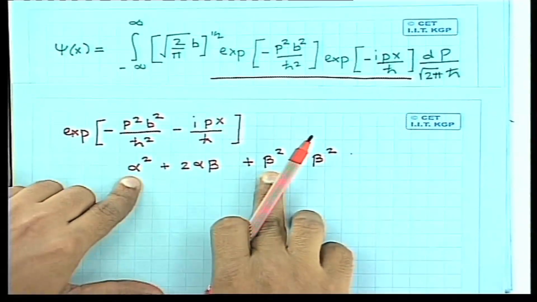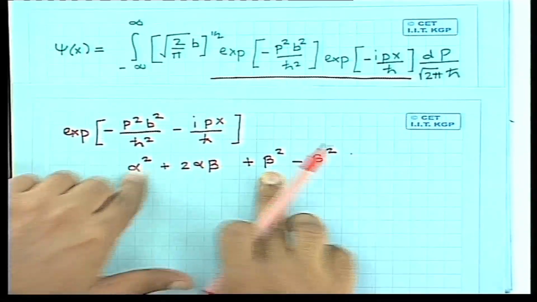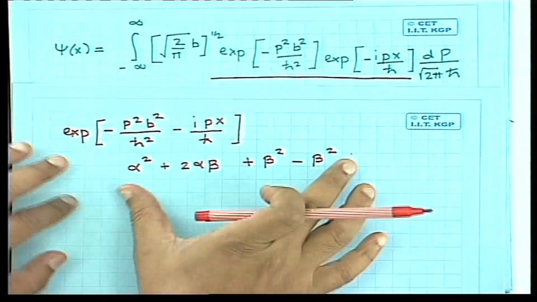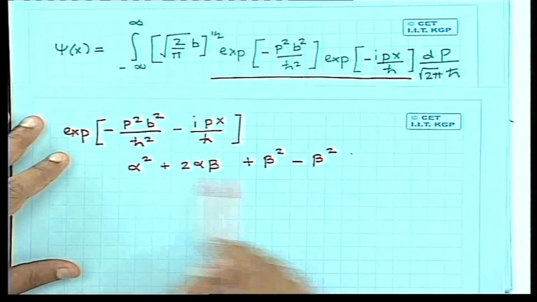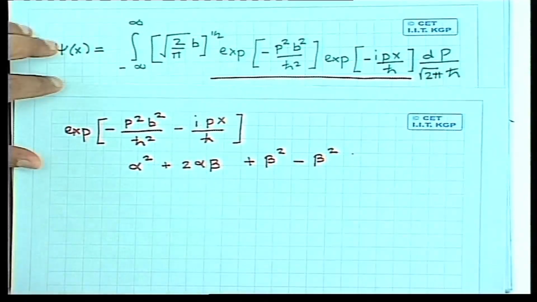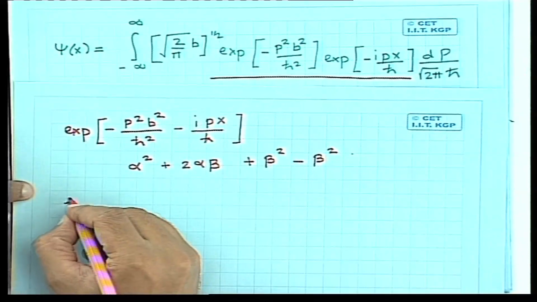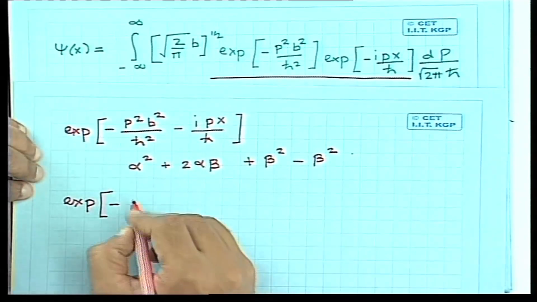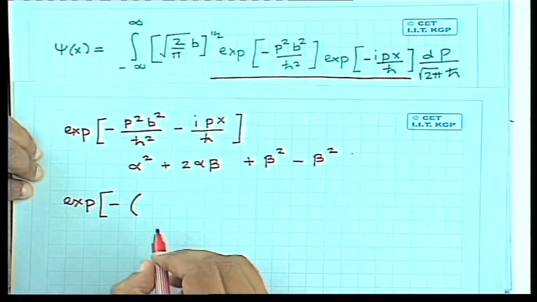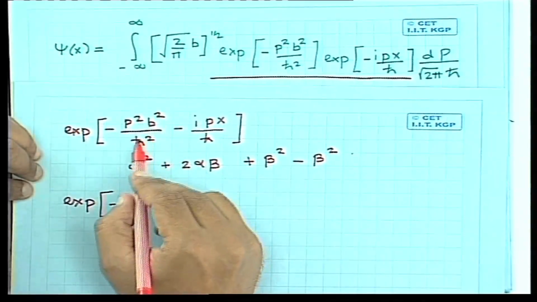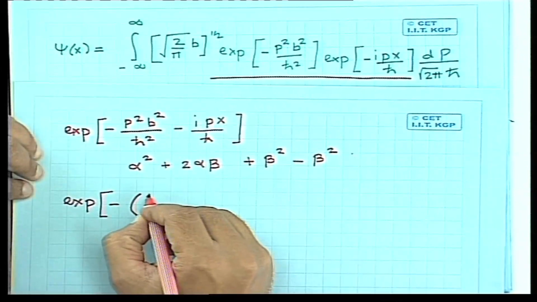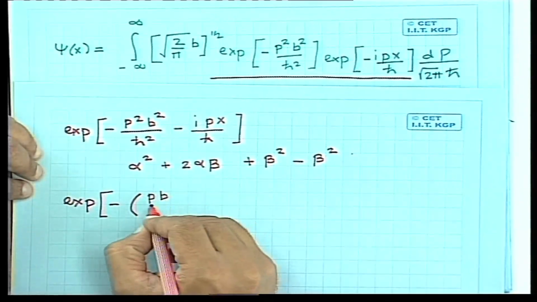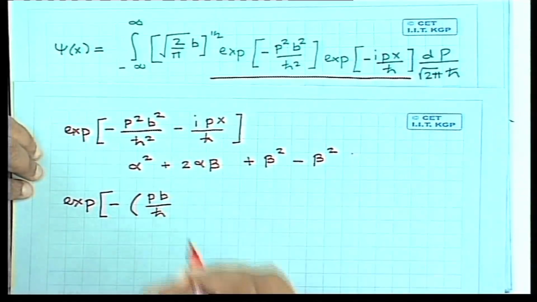Then we have alpha plus beta whole squared minus beta squared. Once we have done this, we are through. So let us identify alpha. Identifying alpha is pretty straightforward. Alpha is pb by h cross.